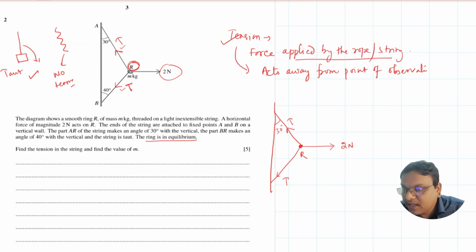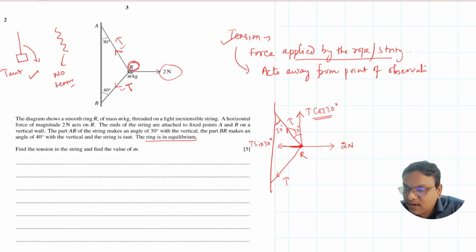All of us know, if I take this as a resultant force, then definitely the vertical component will be T cos 30. Why? Because this angle and this angle will be exactly equal. So if this is 30 degrees, this component will be T cos 30, and this horizontal component will be T sin 30.